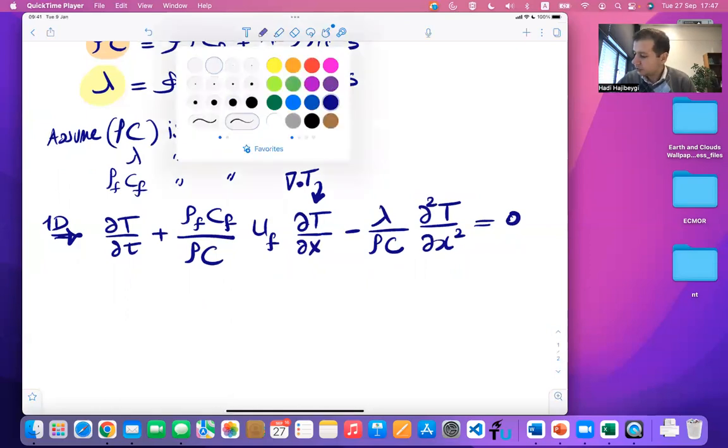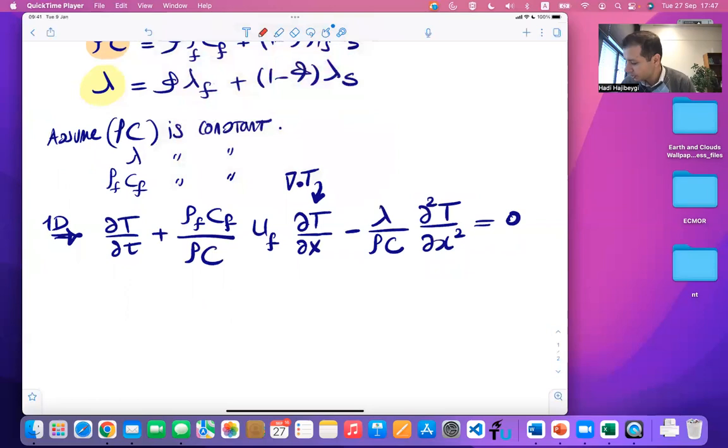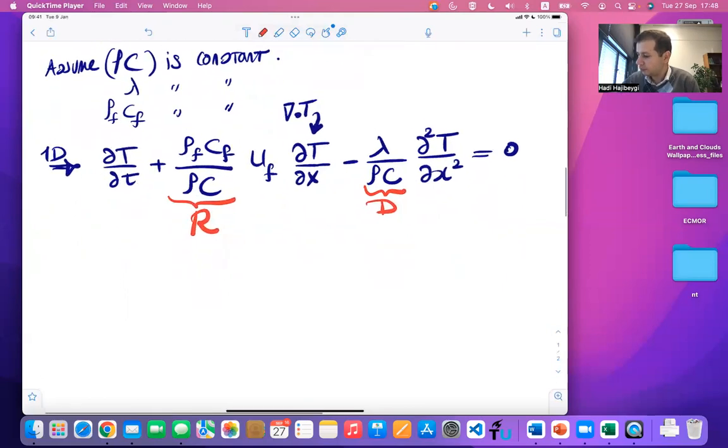Now I want to introduce rho_f C_f over rho C as R, to make it simpler. And I call lambda divided by rho C as D, the coefficient D. If I want to be even more accurate, R will be rho_f C_f divided by rho C. What is rho C?